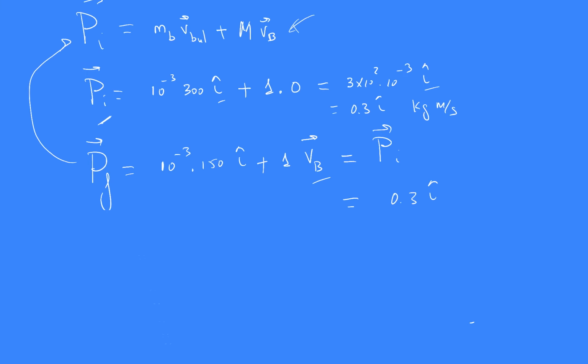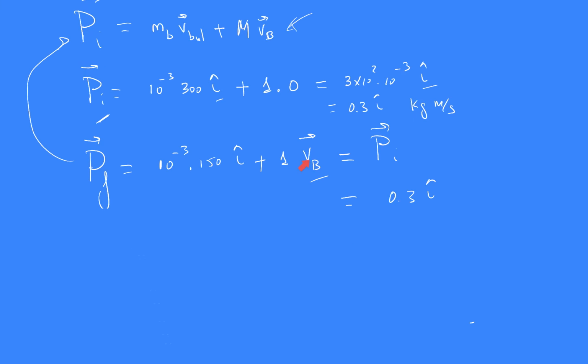So what is the vector V of the block? I will solve it. Let's say 150 is 1.5 times 10 to the 2 power, so it will be 0.15 when you multiply by 10 to the minus 3.